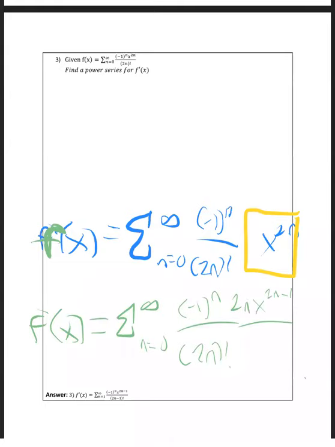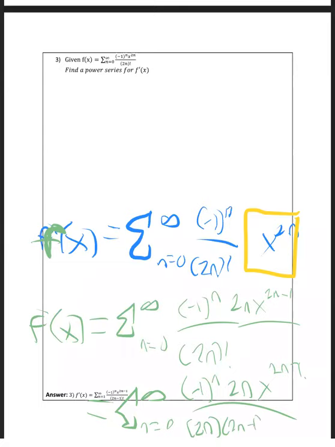Now, remember, the whole point is that we're trying to cancel the 2n. And how do we do that? We're going to say 2n factorial is 2n times (2n minus 1) factorial. Does that make sense? Yeah, okay.